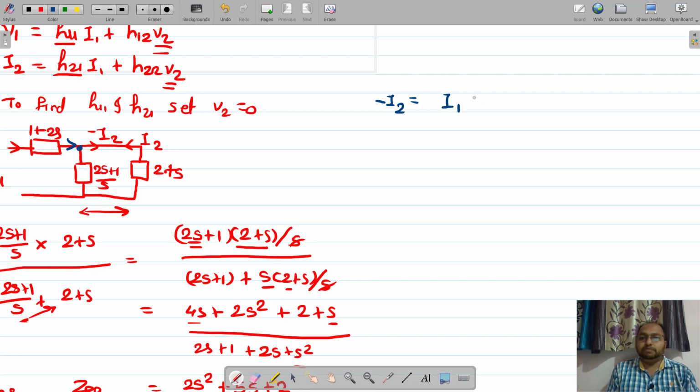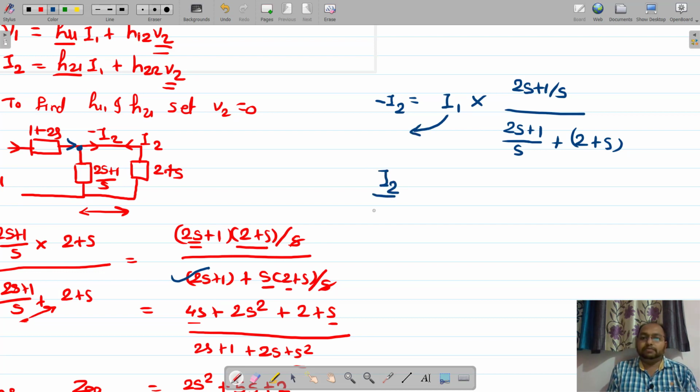So I1 multiplied by the opposite branch resistor, 2s plus 1 divided by s, and the denominator has the addition, 2s plus 1 divided by s plus 2 plus s, and remember that we have already calculated this one over here.